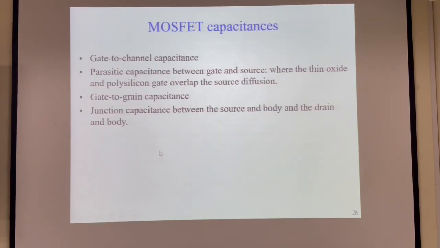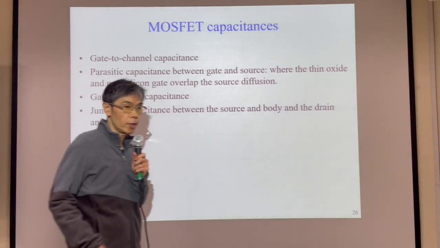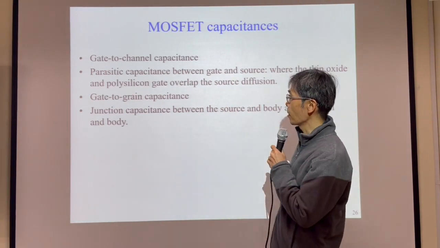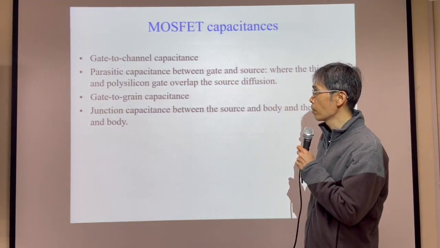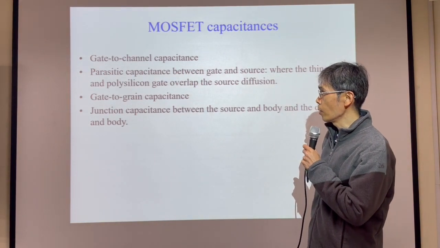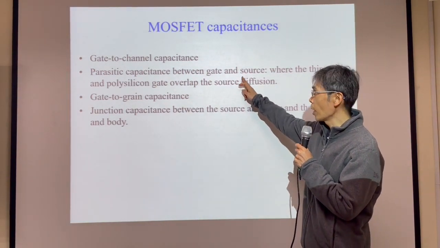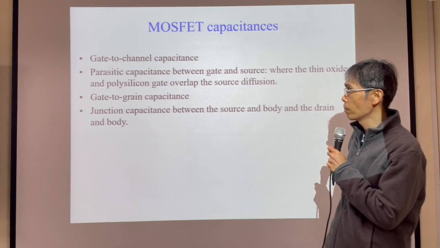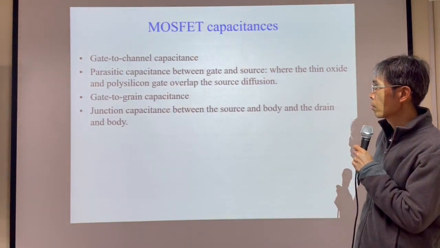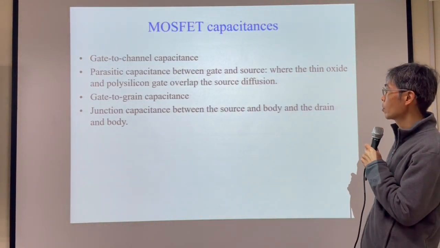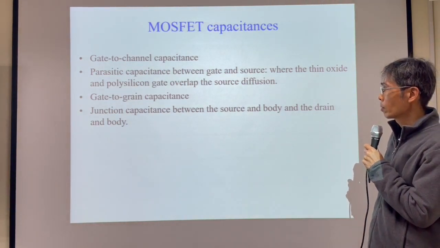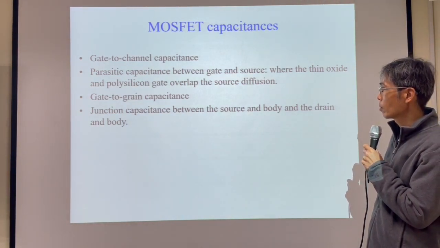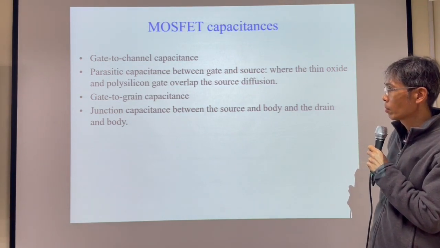Now the capacitors. Remember, between gate and drain, we have an oxide. We call this gate to channel capacitance. Ami, could you read this one? Overlap capacitance between gate and source, where the thin oxide and polysilicon gate overlap the source diffusion.